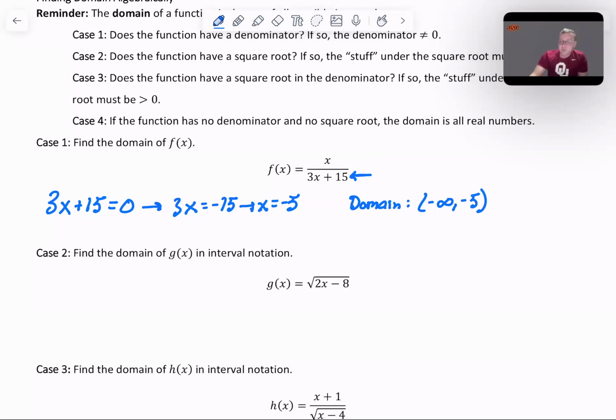And then remember when we had those absolute values, where the two domains don't overlap at all, whenever we broke it up into each piece, we used that union symbol. We again use the union symbol here. So all we're doing here is excluding the point negative 5 from the domain.